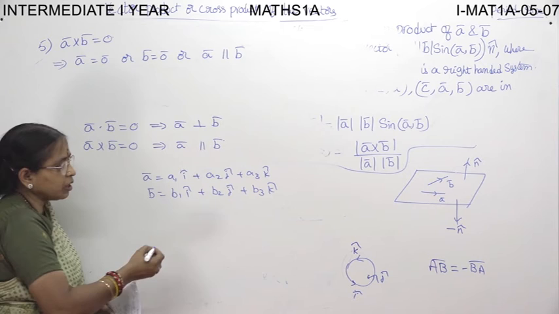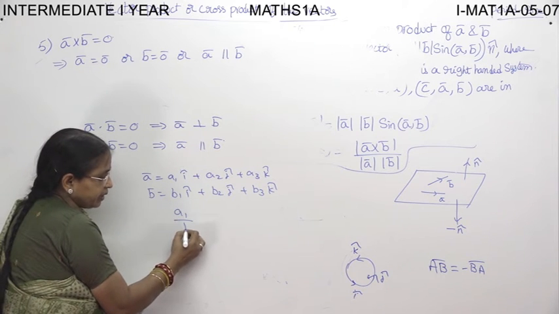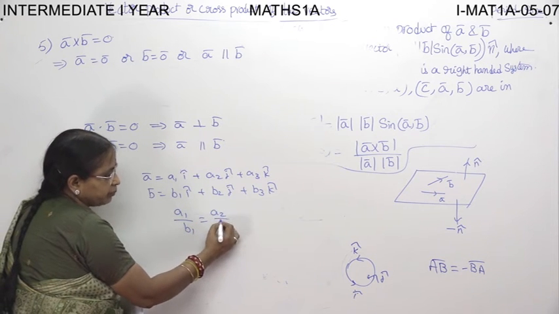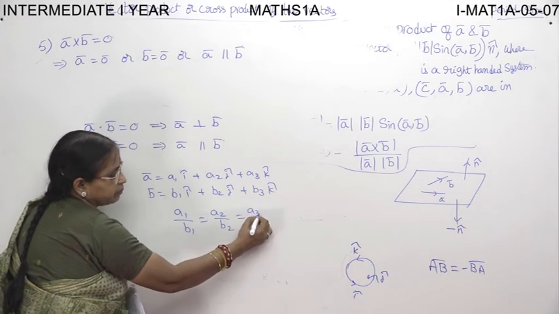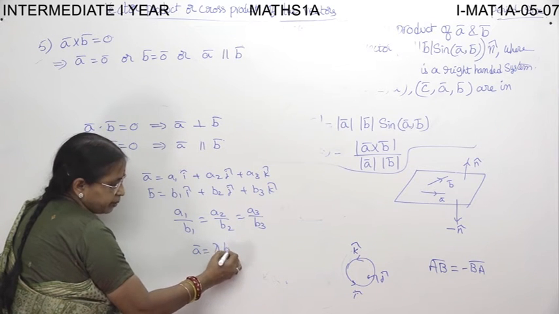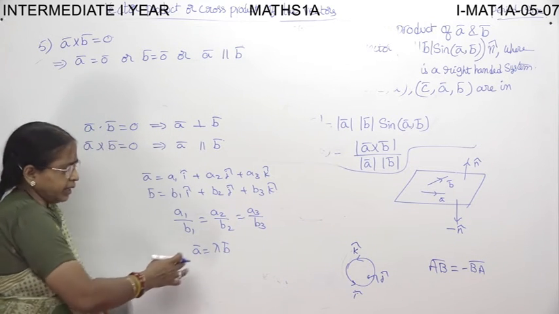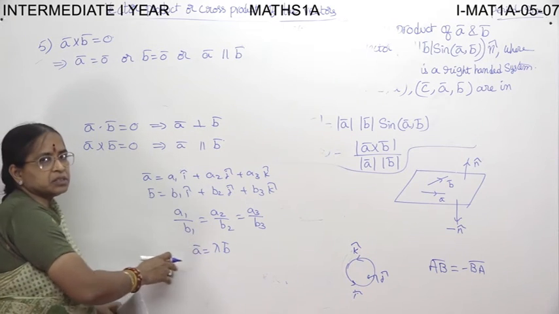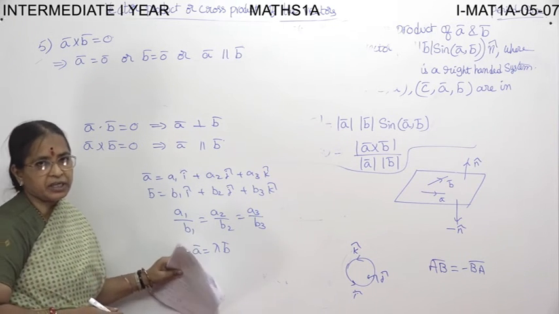They are parallel or collinear if A1 by B1 is equal to A2 by B2 is equal to A3 by B3. Or you also have A is equal to lambda B or t B. Any letter you can use here. So we used this property in the addition of vectors chapter.